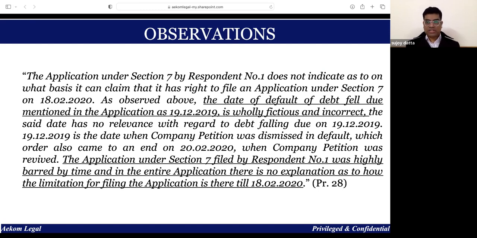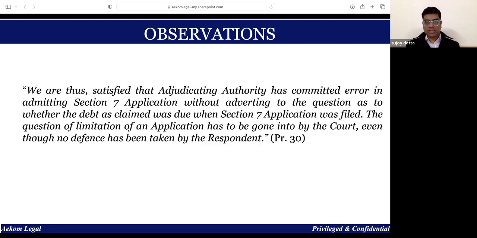So ultimately, on these grounds, what the NCLAT held was that there has clearly been rampant suppression of material fact, which was important to be placed before the NCLT, and the debt was heavily barred by time, and thus they held, we are thus satisfied that adjudicating authority has committed error in admitting Section 7 application without adverting to the question as to whether the debt as claimed was due when Section 7 application was filed.